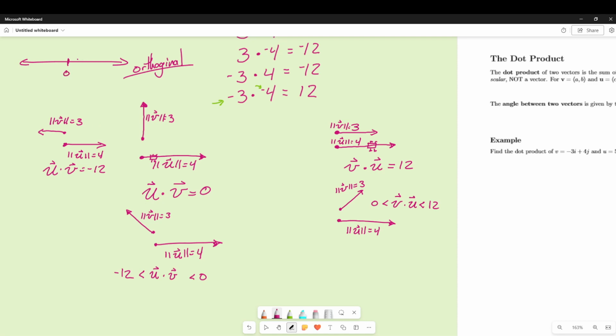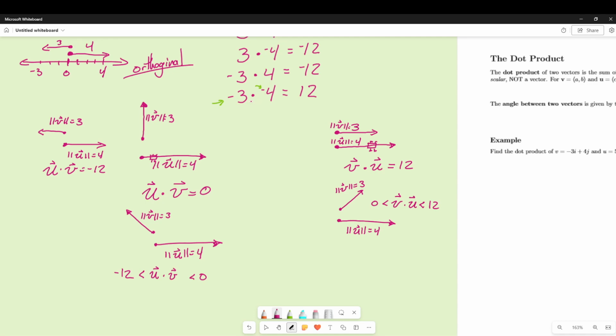If you've got 0, 1, 2, 3, 4 there, and 1, 2, negative 3, that's your 4. That's got a magnitude of 4. The other vector has a magnitude of 3. That's its magnitude. The negative is expressing direction. So because the positive 4 and the negative 3 are headed in different directions, their product is negative.